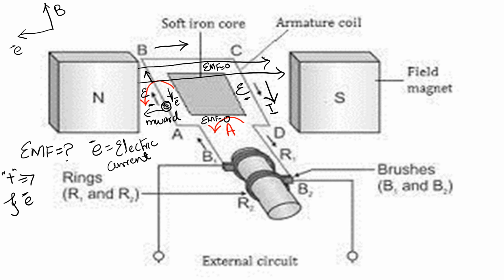Why will induced EMF on these both sides be zero? The reason is quite simple. The magnetic field of lines are moving along this direction, and there are electrons in the coil, but the electrons are moving either inward, if the motion is clockwise, or they could move inward and outward.